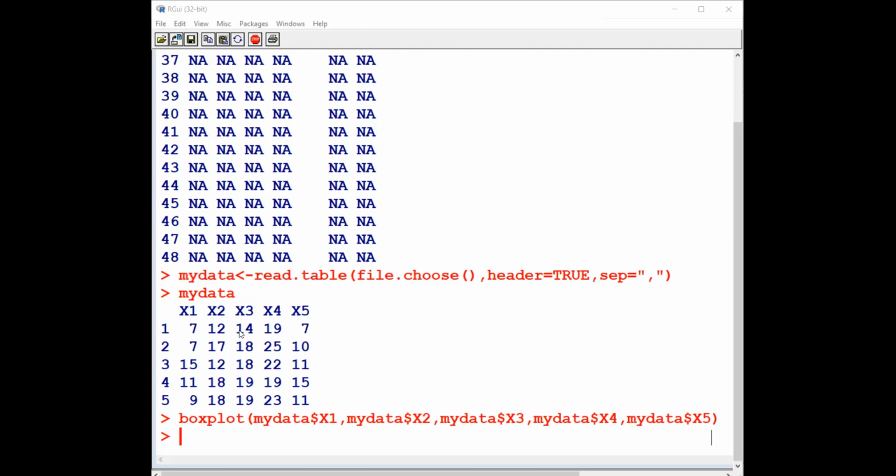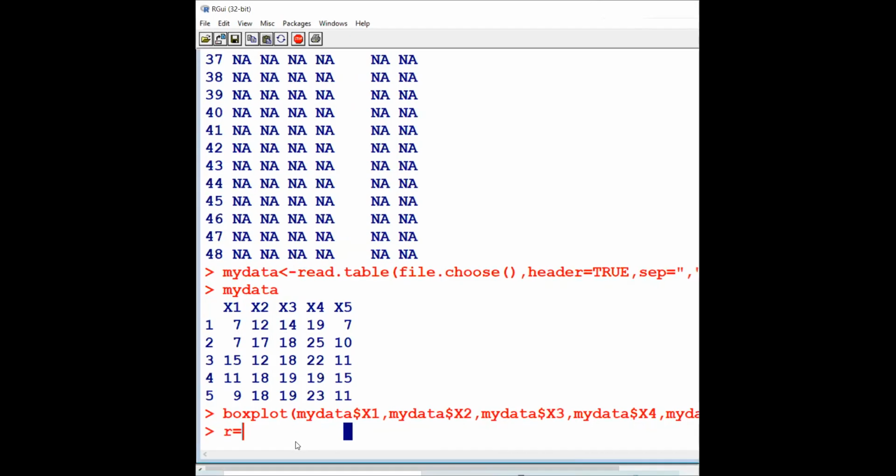I'll take that column as R. I'm going to use this function to concatenate these rows in my data frame, that is the function as.matrix.